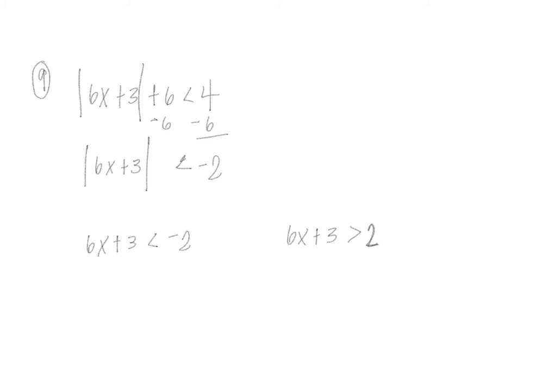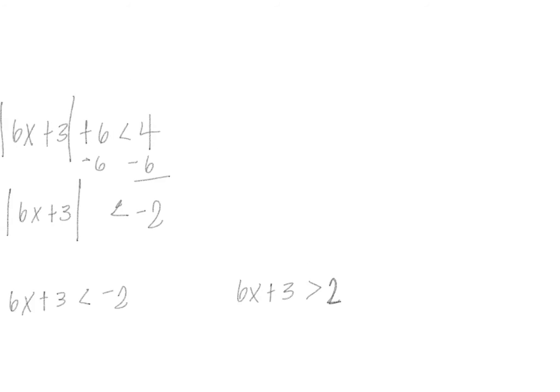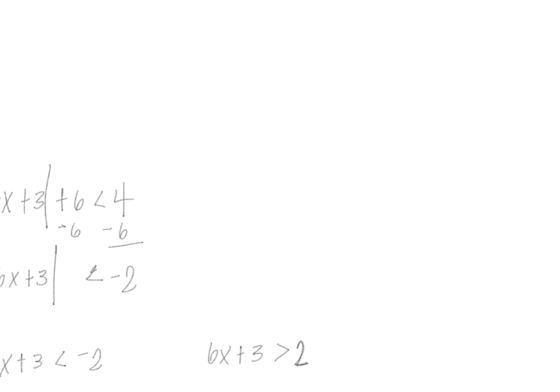Compound inequalities are worked as either an "and" problem or an "or" problem. "And" problems look for overlap. Let's change colors. "And" looks for overlap, and "or" looks for gaps.